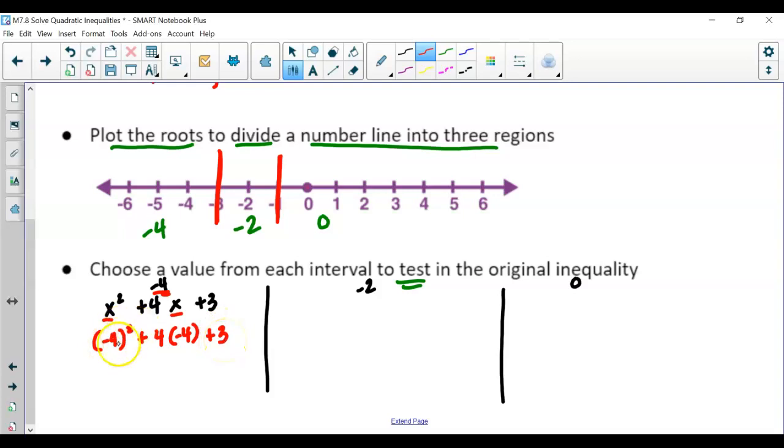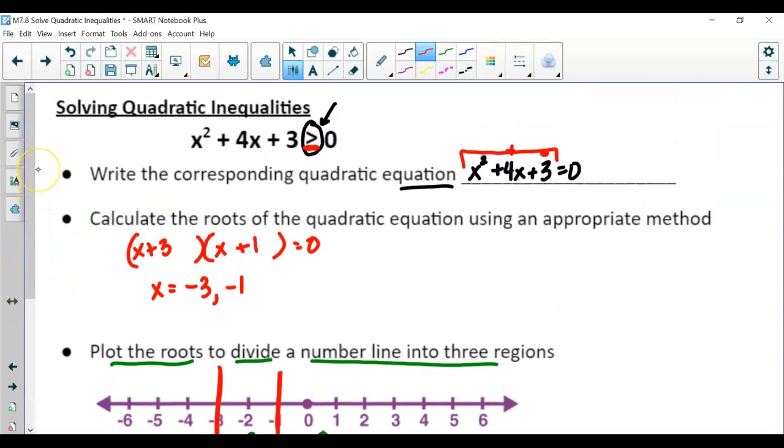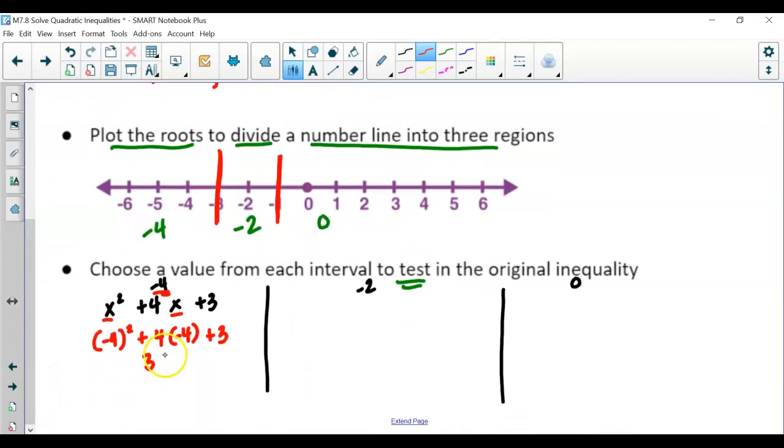So now we calculate -4 squared plus 4 times -4 plus 3, and we get 3. Now, going back to the original, this is greater than or equal to 0. So is 3 greater than or equal to 0? Yes. So this section is a solution.